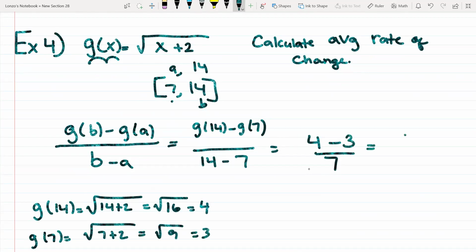So 4 minus 3 is 1 over 7. So yeah, the average rate of change is 1/7.